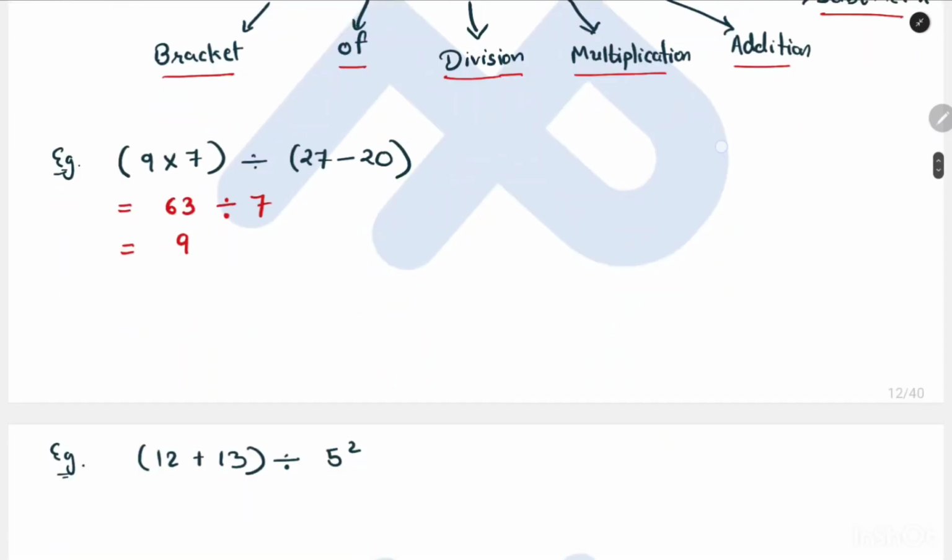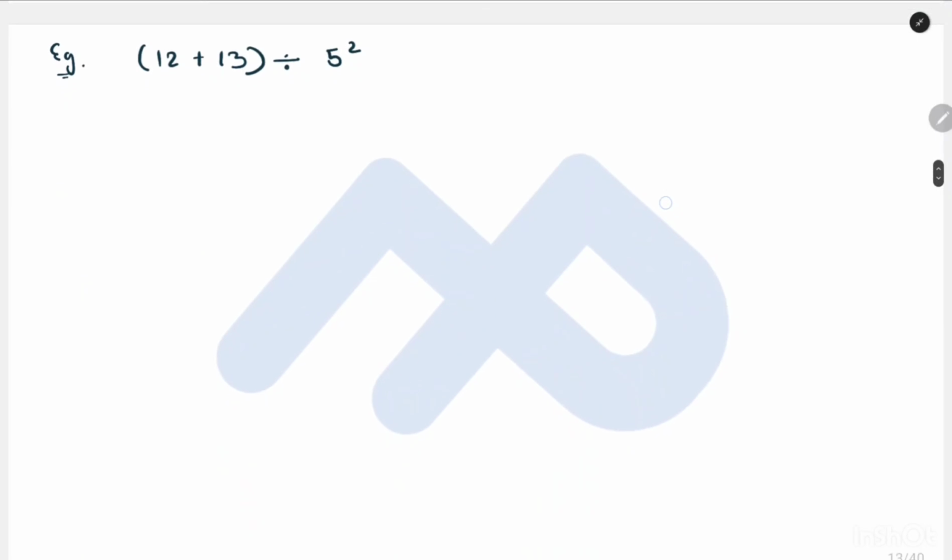Let's see another question. Okay, so this power, you see 5 raised to 2, that is also considered as off. It's basically power 2 of 5. Before solving the division we'll solve that, but the first priority is the bracket. So let's solve this bracket first. 12 plus 13, that is 25.